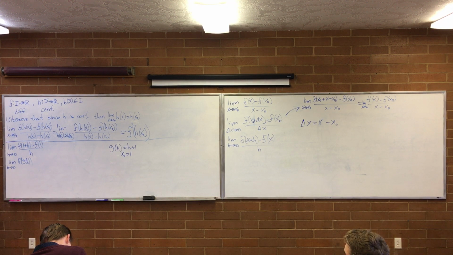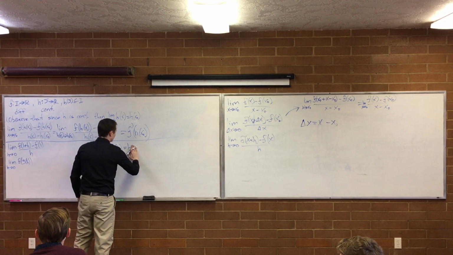Oh shoot, that's not going to work like I thought. Because g of 1 is 2. So we want g of h to just be h.